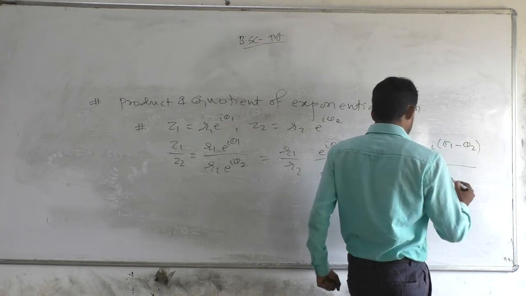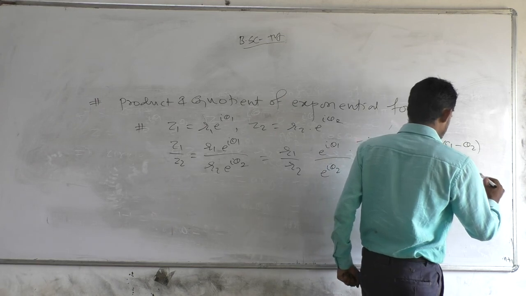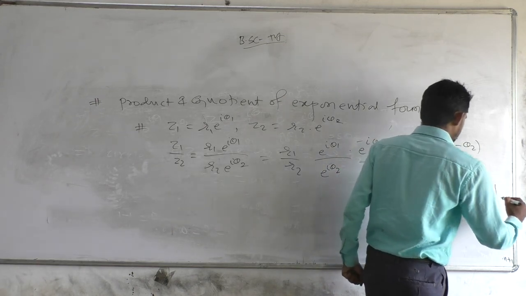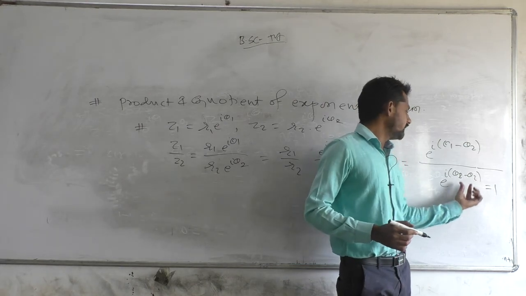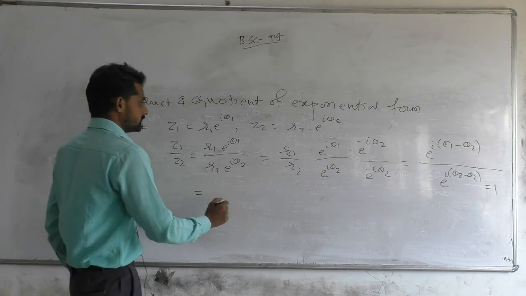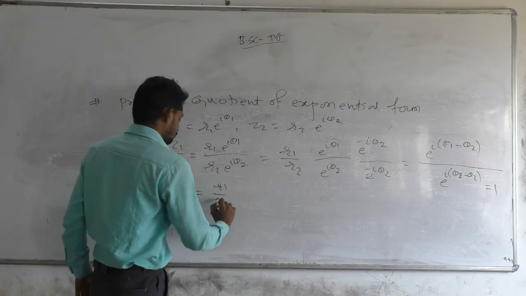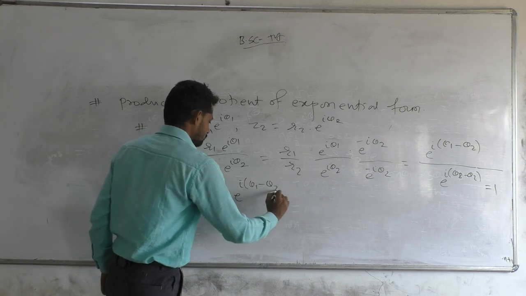Here theta 2 minus theta 2 is equal to 0 and e raised to 0 is equal to 1. So it is r1 divided by r2 e raised to i theta 1 minus theta 2.